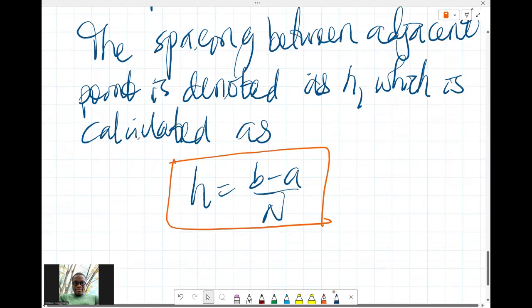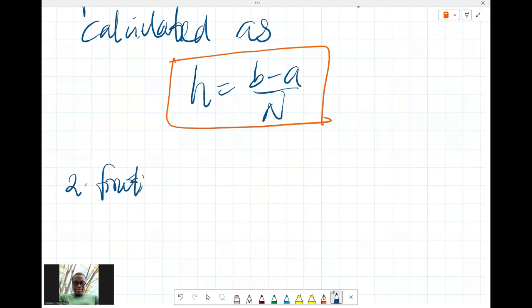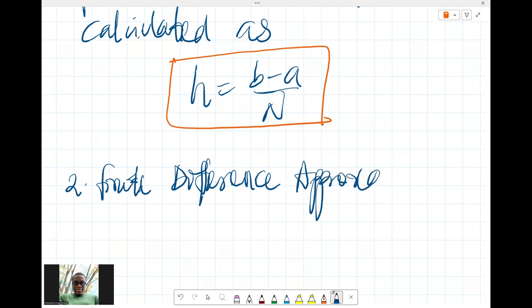The second step under discretization would be to do the finite difference approximation. The whole idea of finite difference bears close resemblance with what we considered under numerical differentiation.